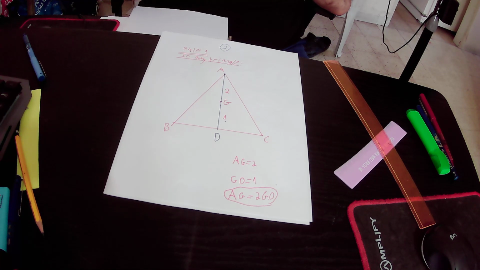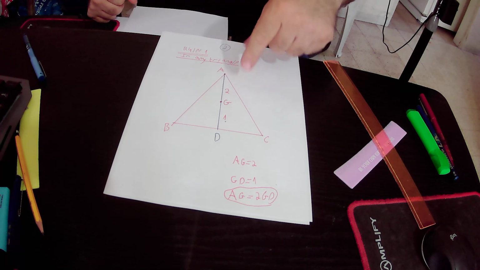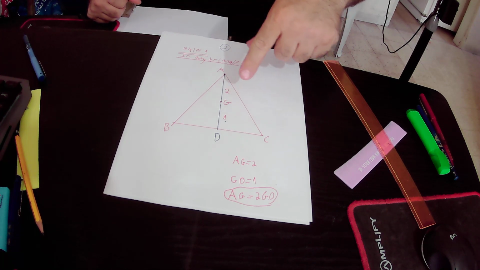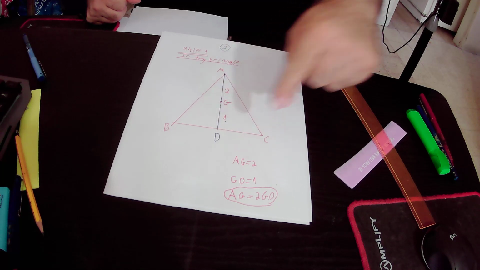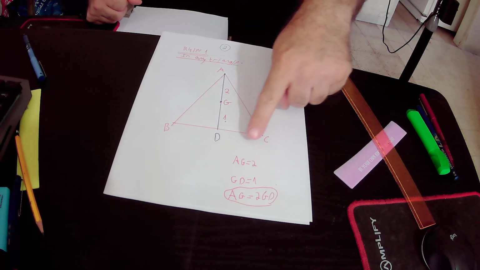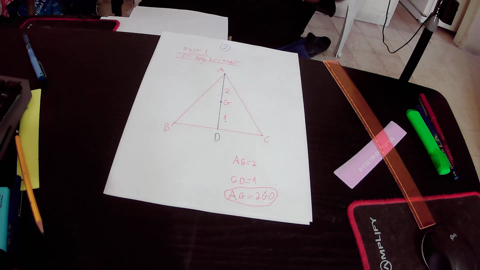Then, according to rule number 1, the centroid G divides the median AD in a ratio of 2 to 1. That is to say, if AG equals 2 units, then GD will be equal to 1 unit.